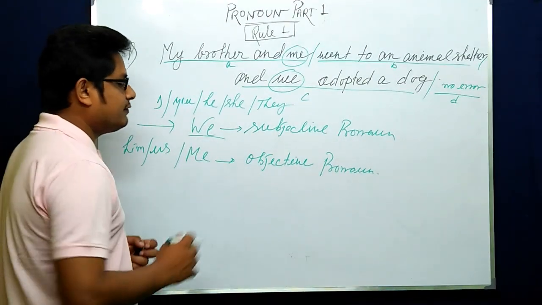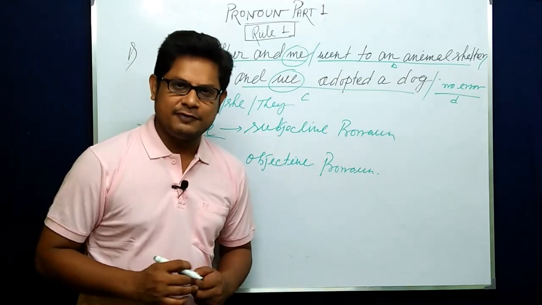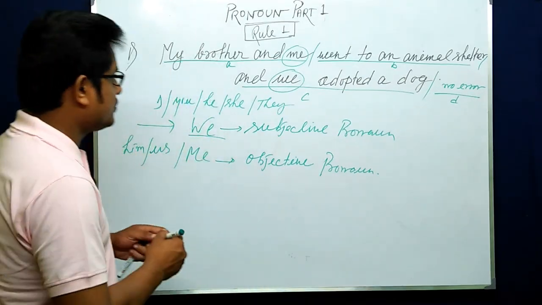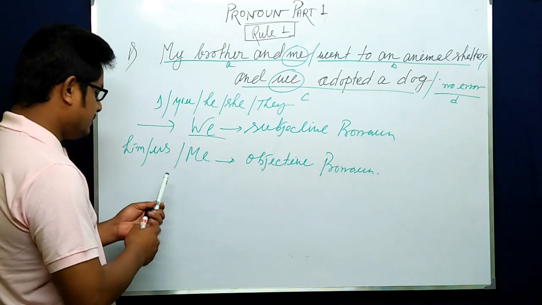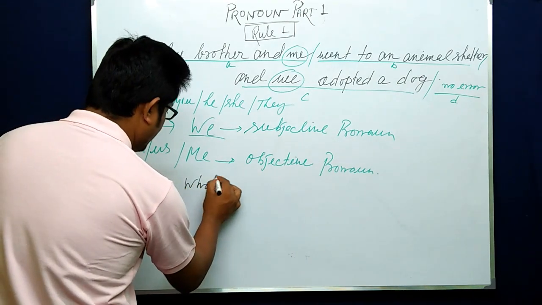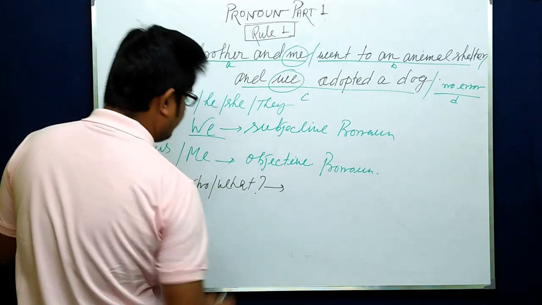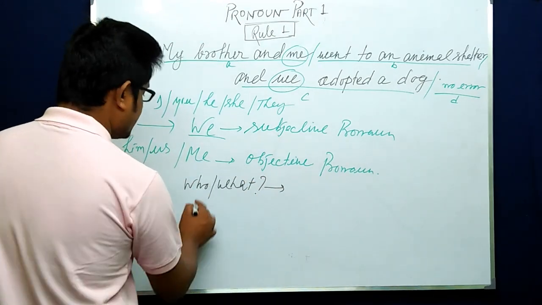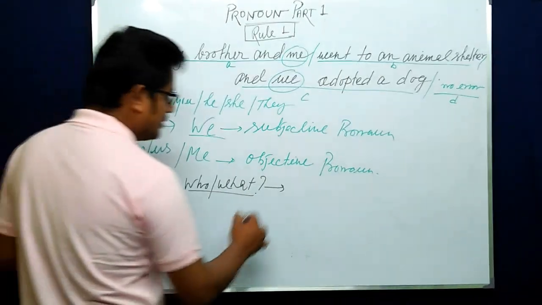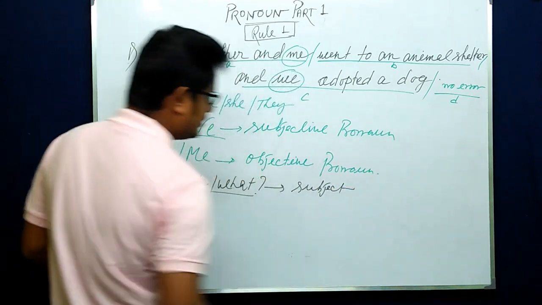See, whenever you want to find the subject in a sentence, how can you find it? If you ask the verb a question with who or what, you will get the subject, right?